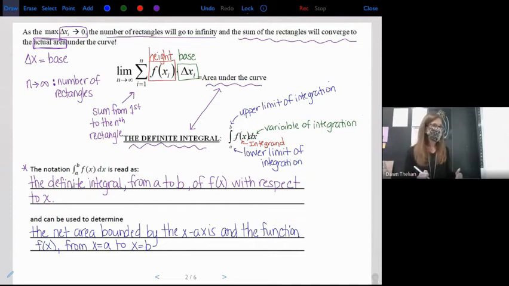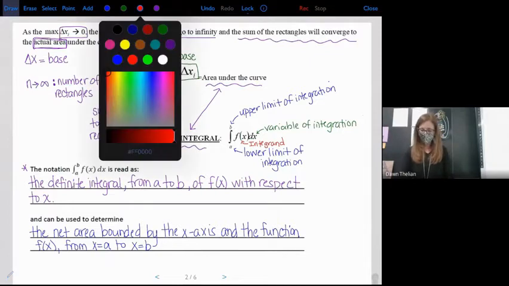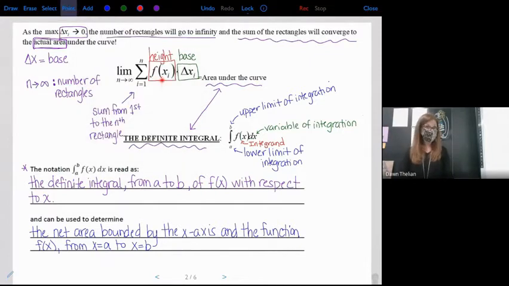All right, one more thing that I want to say before we move on. When we go back up to where it's talking about the height times the base, I want to talk a little bit more about this x sub i and delta x sub i. First, let's talk about delta x because it's a little bit easier. It's the same as we did in the first lesson.